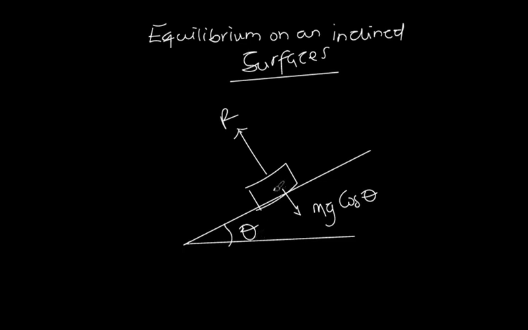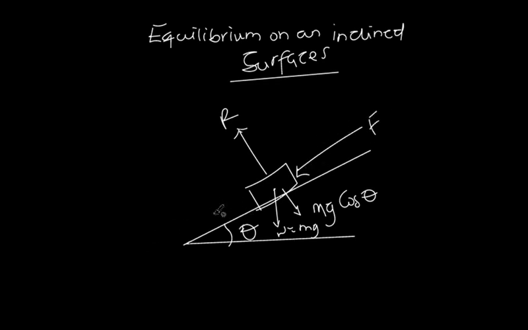Our weight acts perpendicular downwards, so our weight is mass times gravity. Assuming this body were to try to move, there will be a frictional force that opposes the motion of this body.